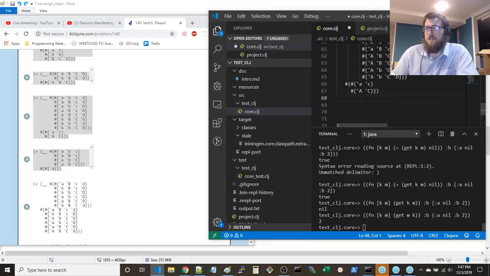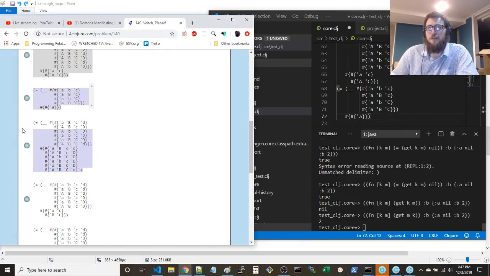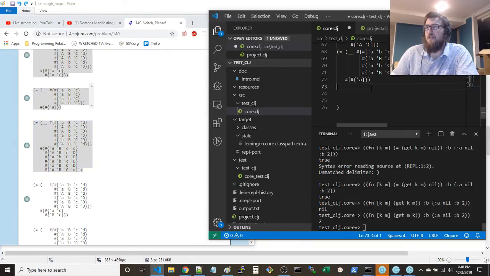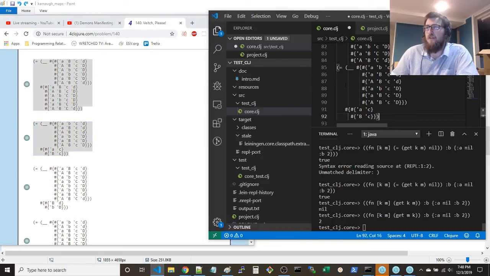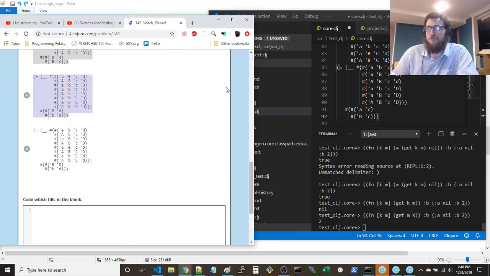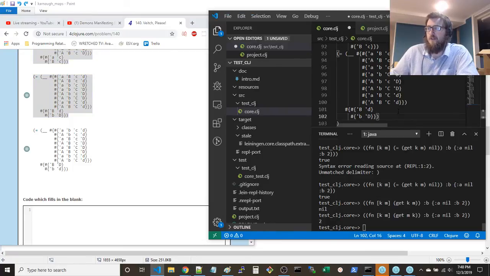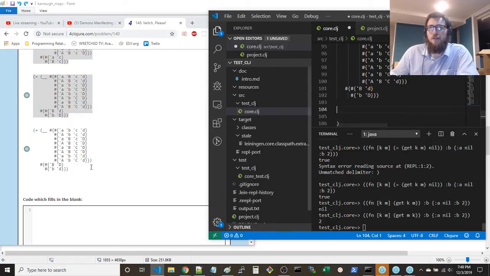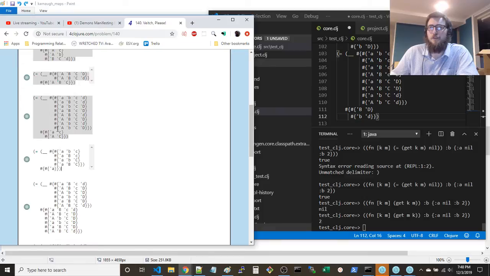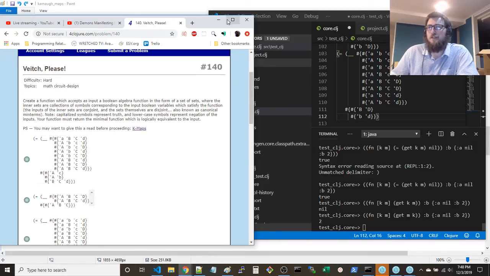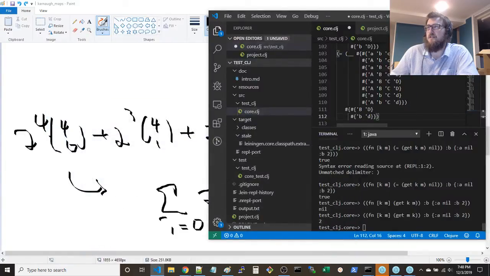Load the test cases to go through. All right, 1, 2, 3, 4, 7, 8, 8 of these. All right, nice. 8 test cases, good.